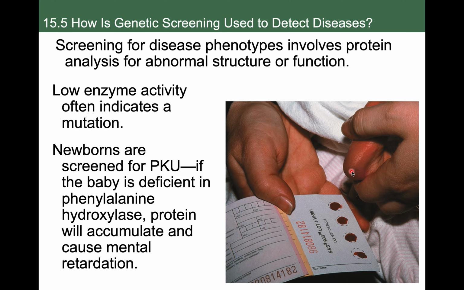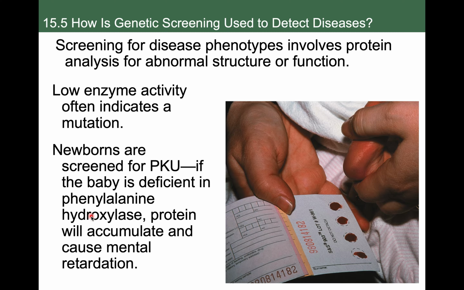As soon as a baby's born, they'll do a heel prick and get some little blood samples on a card, and they can use that for an assortment of tests. But one of those tests will be to look for the activity of this specific enzyme. So they can, in the lab, check to see if the phenylalanine hydroxylase enzyme is working from that blood spot.